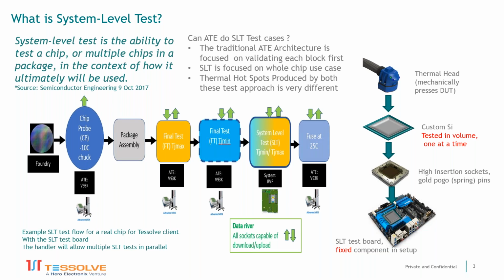So it's very block focused, whereas SLT is focused on the whole chip. And also structural test, ATE doesn't really put the chip into environments in which it will be used, in terms of thermal hotspots, for example, that might get produced. And we're seeing in the next couple of slides that it doesn't always catch all the bugs anymore, or all the production issues, the faults.